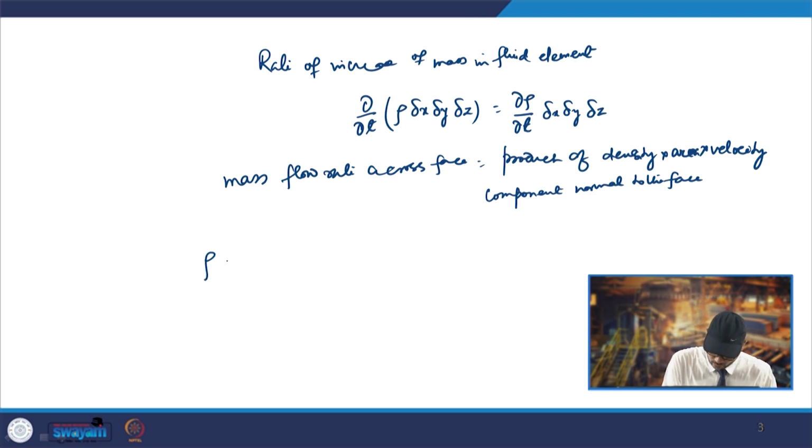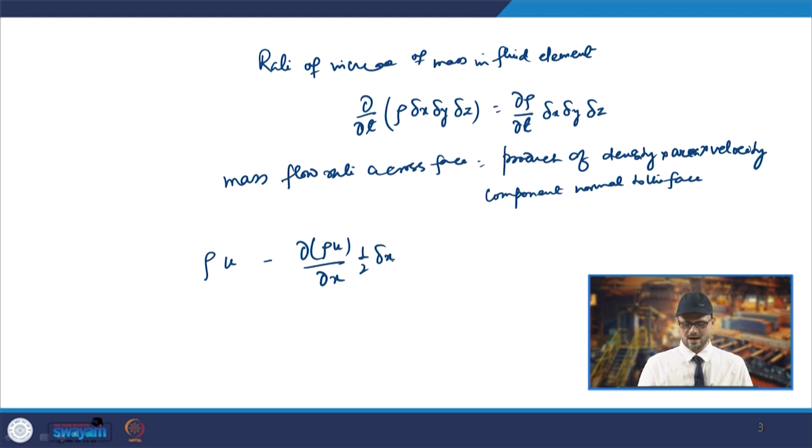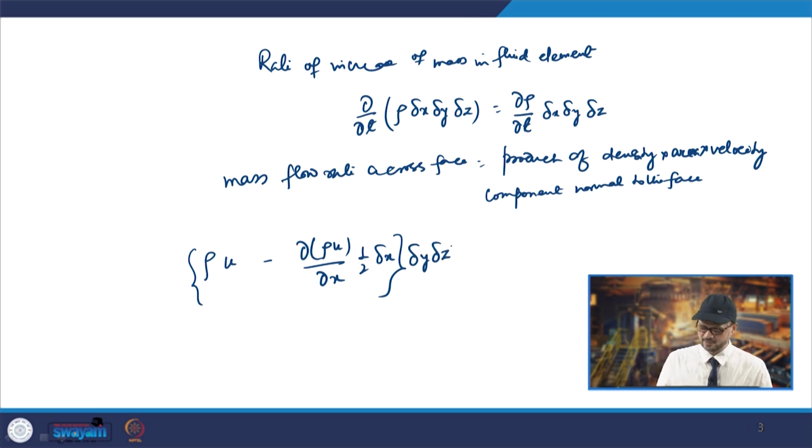If you take along the boundaries, you will have the values, and it will be ρu. So, if you are taking the east face or so, it will be ρu minus ∂(ρu)/∂x, and as you have seen, you have the half Δx. This is then multiplied by Δy Δz, so one is this and another is on the right hand side.